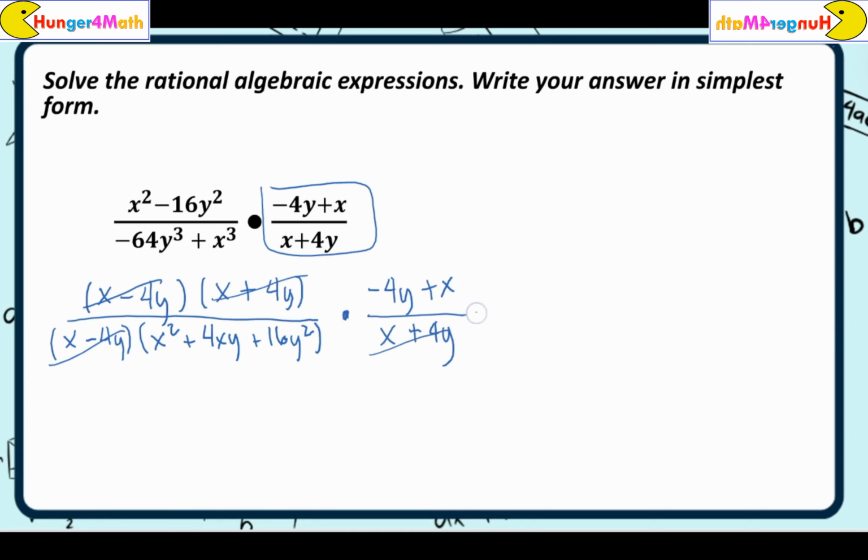So what will remain is negative 4y plus x over x squared plus 4xy plus 16y squared. So here is our answer.